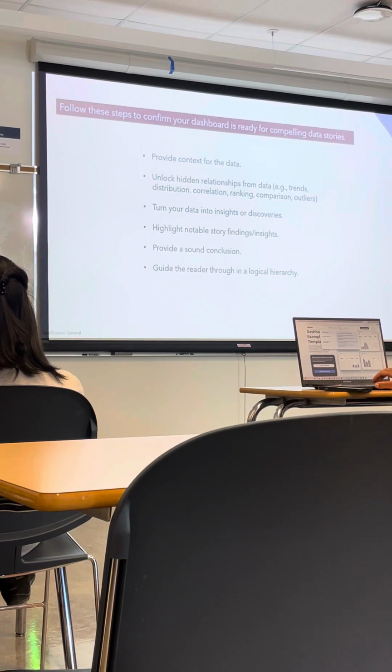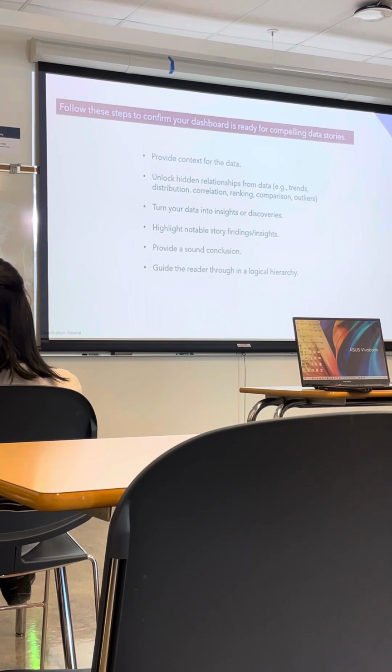Second thing, have you unlocked the relationship from your data in terms of their trends, distribution, correlation, ranking, comparison, and outliers? Have you? I noticed that some of you did mention that you find some points are weird, so I decided not to use that. That's great. So that's kind of like identification of outliers.